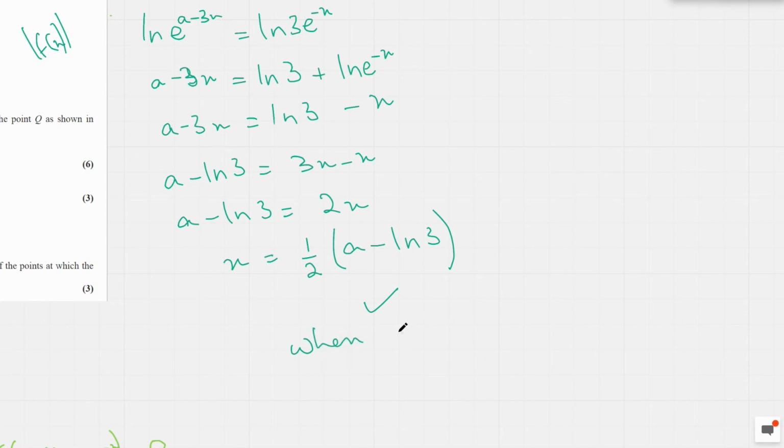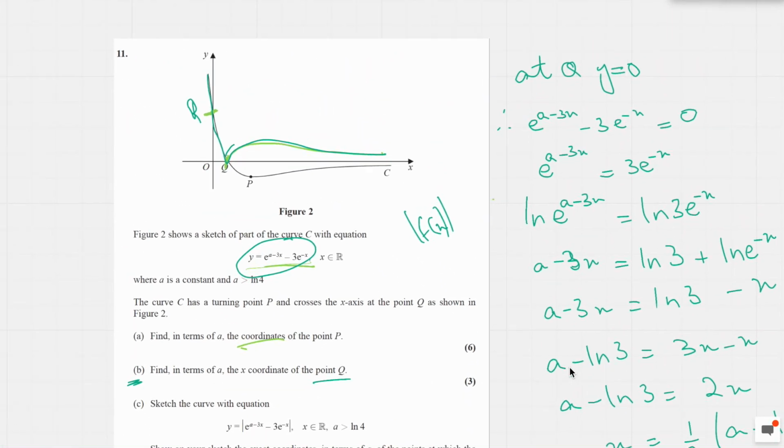When x equals 0, y equals e^a minus 3e^0, and therefore y equals e^a minus 3, since anything raised to 0 is 1, so 3 times 1 would be just 3. So we have the y-coordinate, and the x-coordinate is obviously 0. So we're going to write the exact coordinates here.